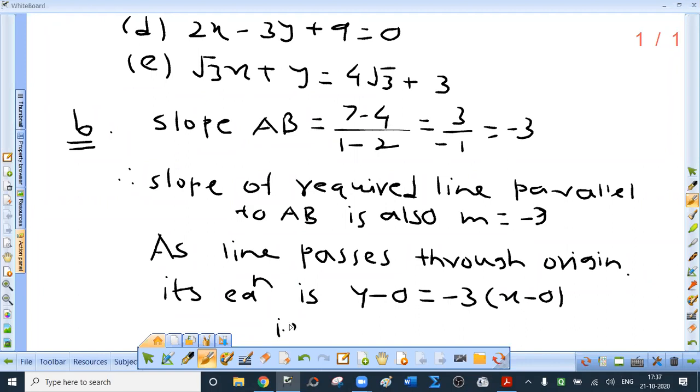That is y equal to minus 3x, that is 3x plus y equal to 0. Actually, if you write the answer in this form, y equal to minus 3x, you will get full marks, but it is better we write it as 3x plus y equal to 0.